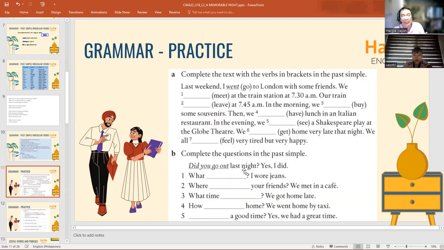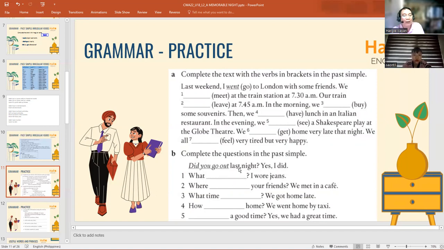And in answering, if you went out last night, you are going to say, yes, I did. Why is it yes, I did, and not yes, I am? Because our question form is did, so therefore in answering that, we also have to use yes, I did. Number one. What did you wear?